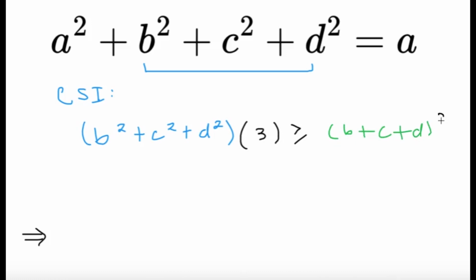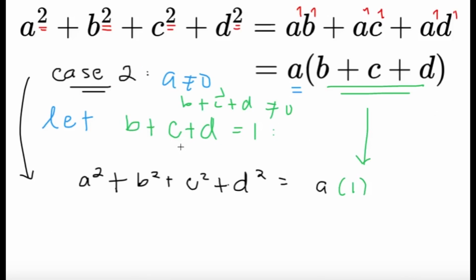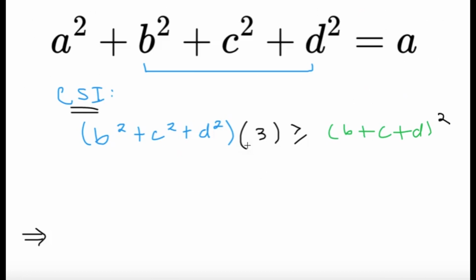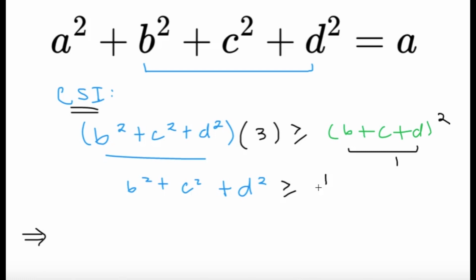Now, since we let b plus c plus d be 1, b squared plus c squared plus d squared is going to be greater than or equal to 1/3.